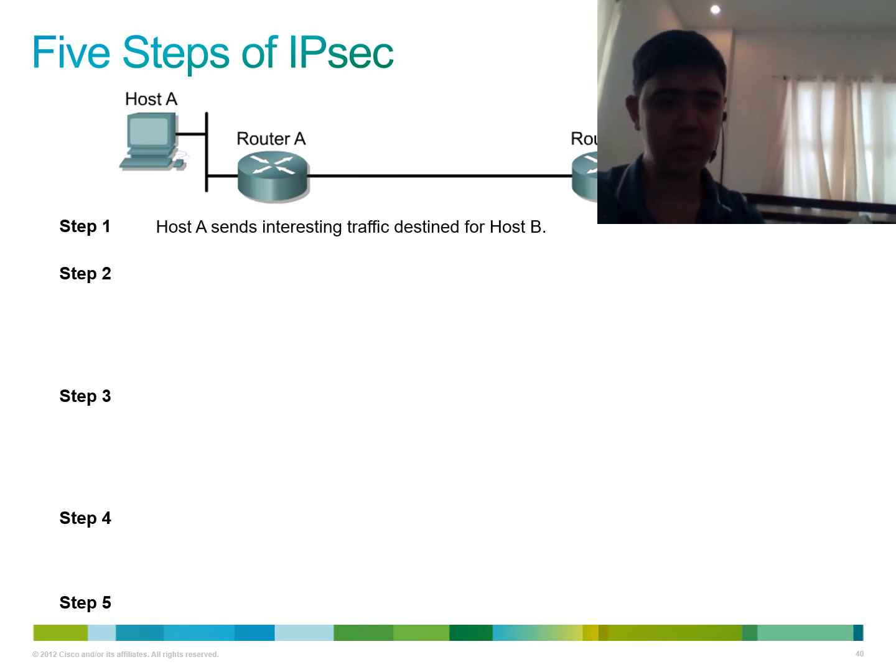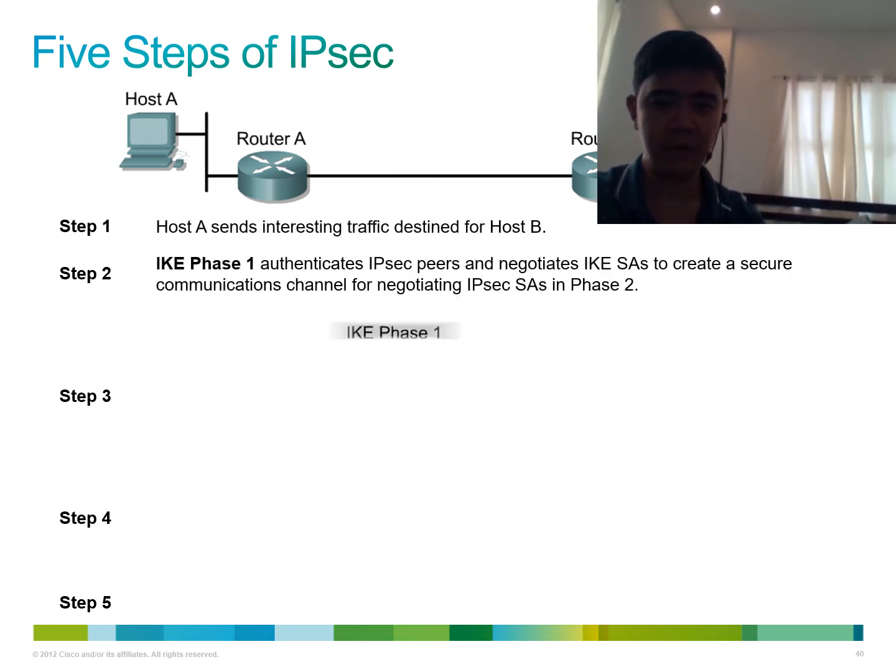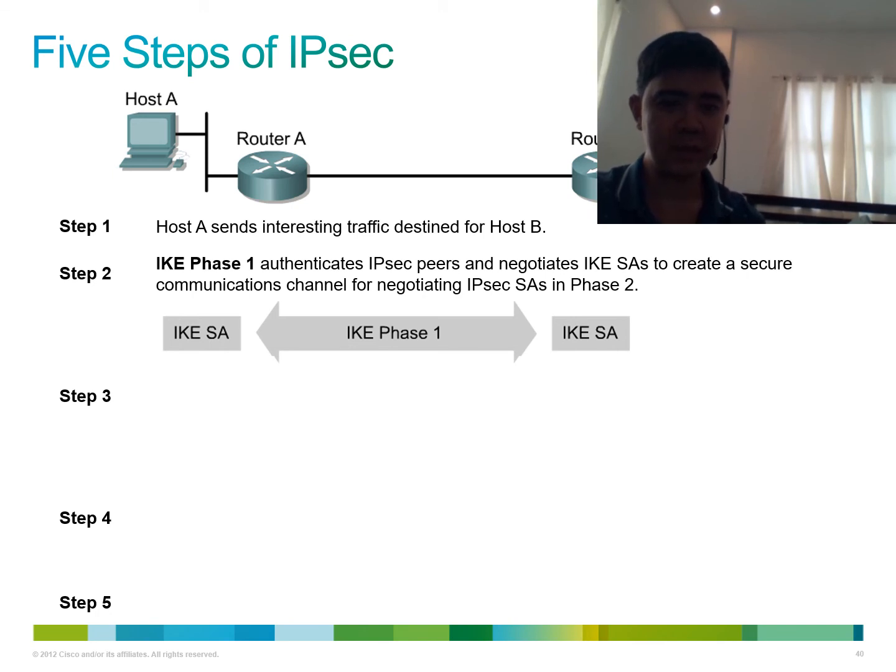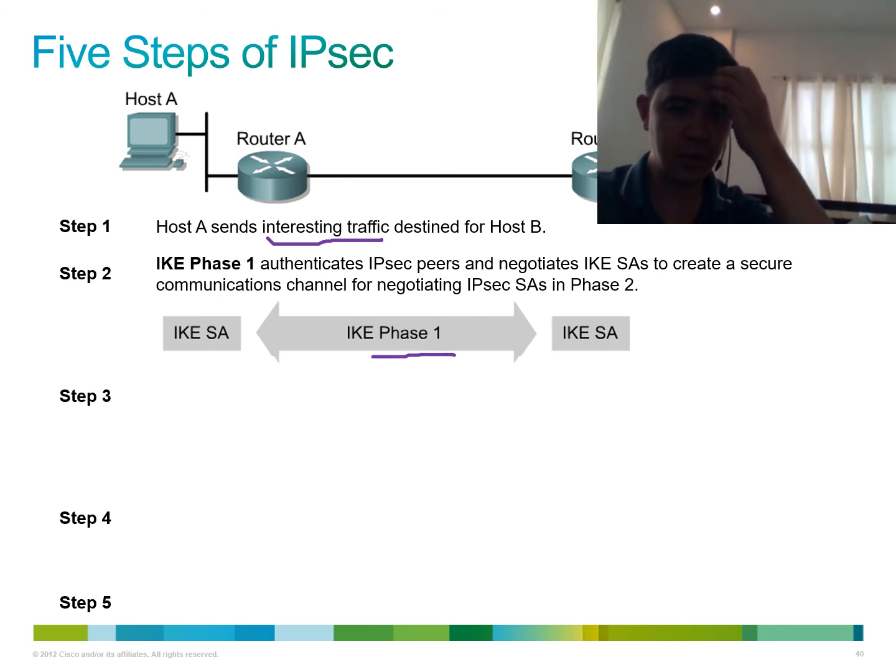To set up IPsec, the first thing you need to do is send interesting traffic. We use an access list for this. After that, we set up phase 2 under policy. We'll look into this later when we configure the site-to-site VPN. After you authenticate the peers, negotiate the security association to secure the communication channel, to secure the connection establishment.